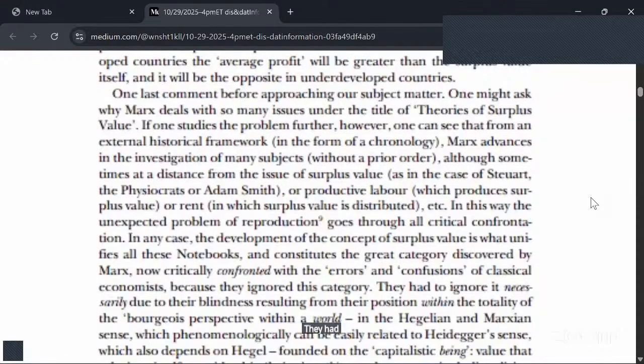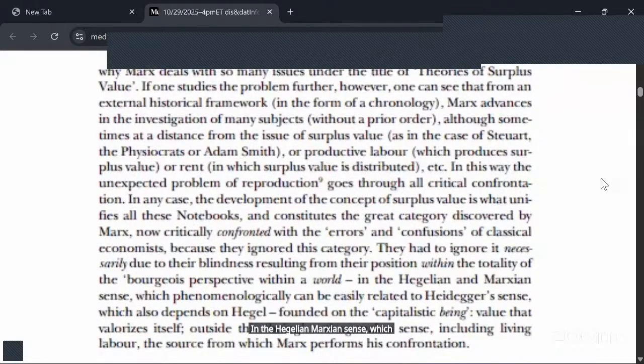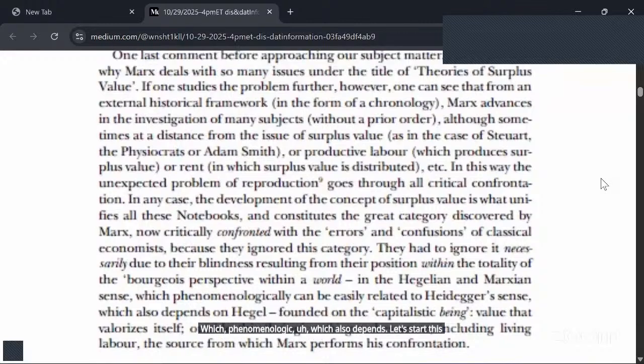They had to ignore it necessarily due to their blindness resulting from their position within the totality of the bourgeois perspective, within a world in the Hegelian Marxian sense, which phenomenologically can be easily related to Heidegger's sense, which also depends on Hegel, founded on the capitalist being, that is, value which valorizes itself.